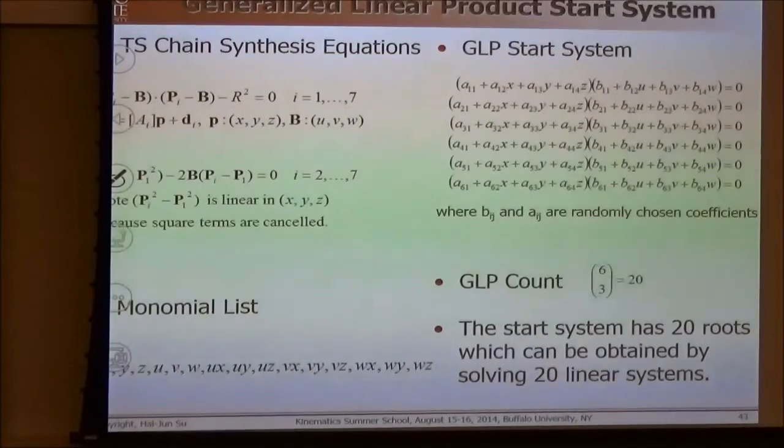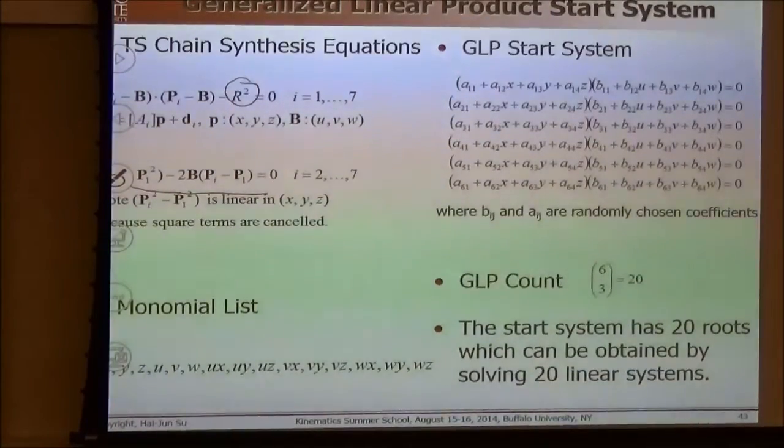You can subtract one from the other to eliminate one of the variables, r squared. So you can eliminate one variable by subtracting one from the other. So you get 6 equations in here.